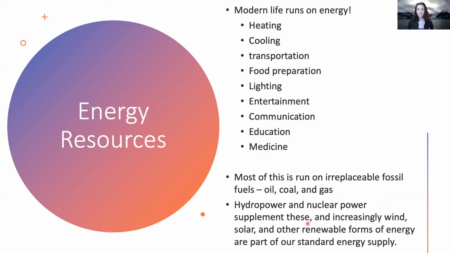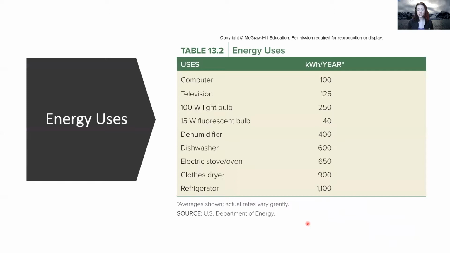So digging into a little bit more detail on those energy uses, here is a table from your textbook that shows you in kilowatt hours per year how much we are using for all of these different things that we encounter on a day-to-day basis, including computers, television, different light bulbs, dishwashers, clothes dryer, and refrigerator.